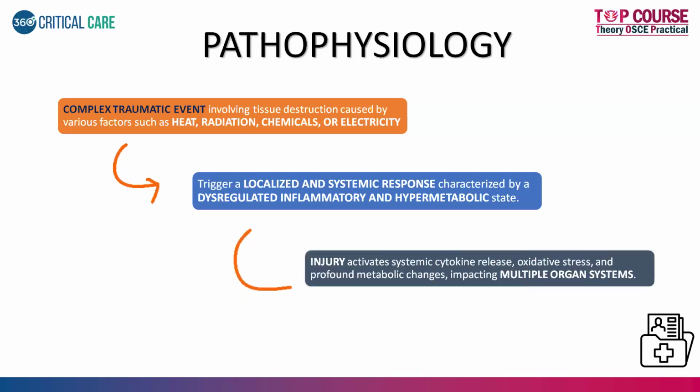This injury causes an overwhelming flush of cytokines, which are inflammatory markers delivered into the circulatory system, and that causes oxidative stress and a lot of metabolic changes, because of which it usually ends up in multi-organ failure.